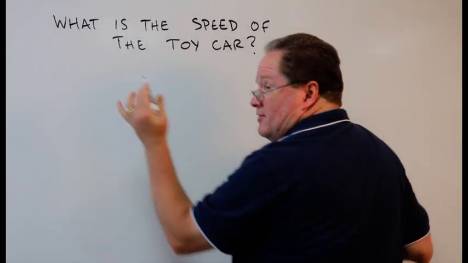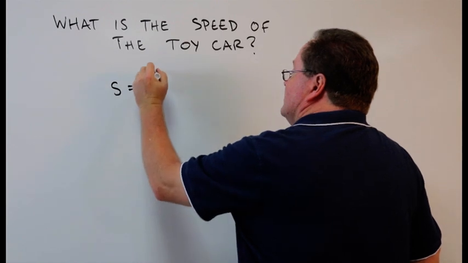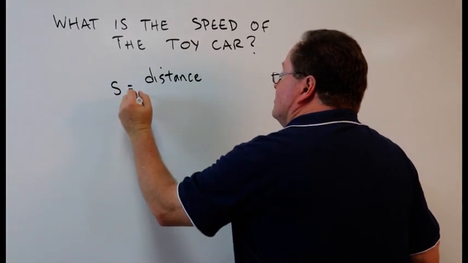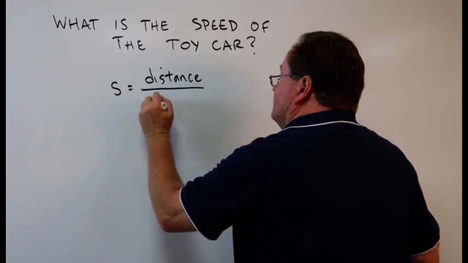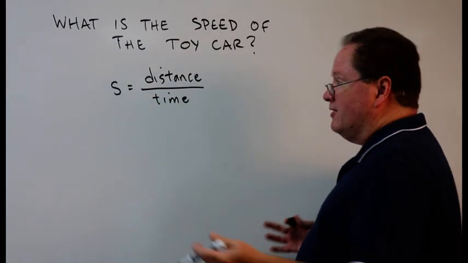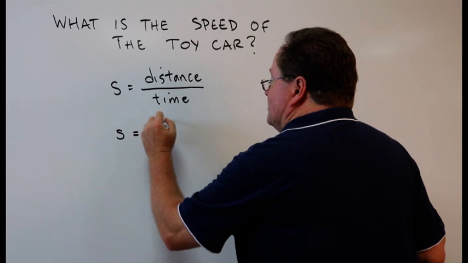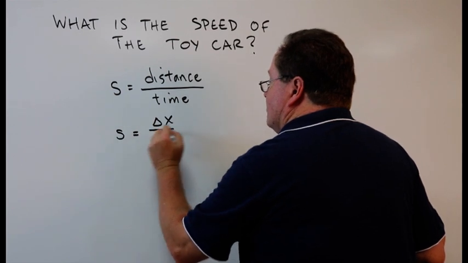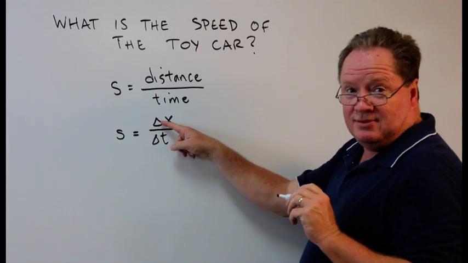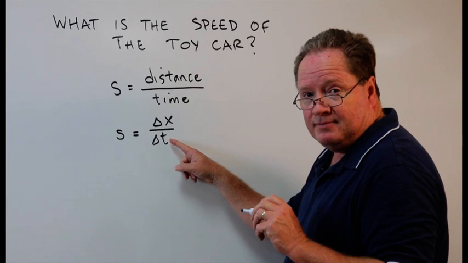We know the formula for speed is speed equals distance over time. Or if we put it in the form of variables, we'll sometimes see speed equals delta x over delta t. The change in position over the change in time.